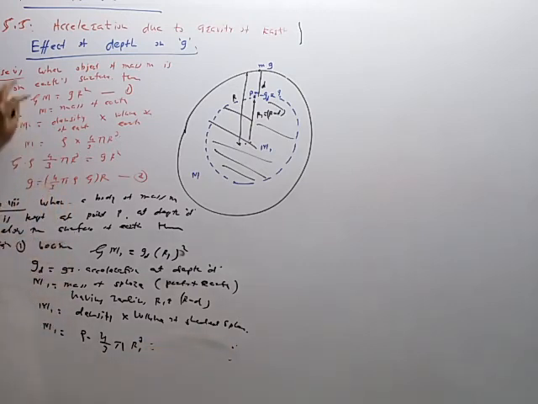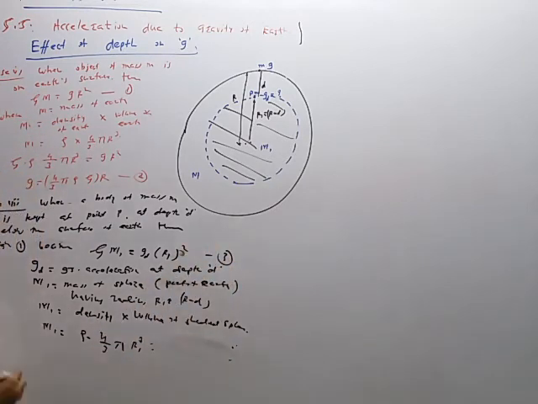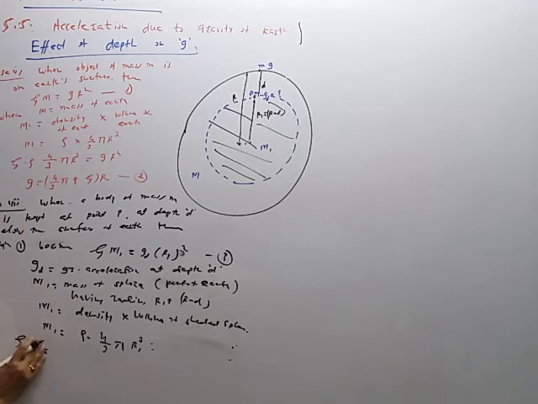So this is equation 1, this is equation 2, this is equation 3. So put this value here, and therefore g m1, now m1 is substituted by rho into 4/3 pi r1 cube, is equal to gd into r1 square. So this is r1 square, this is r1 cube. So r1 square will get cancelled, only one r1 is remaining.